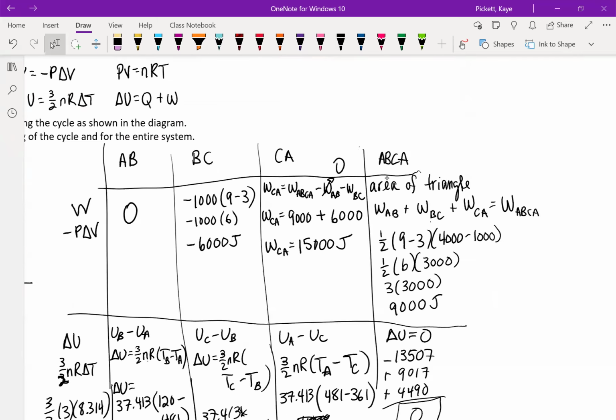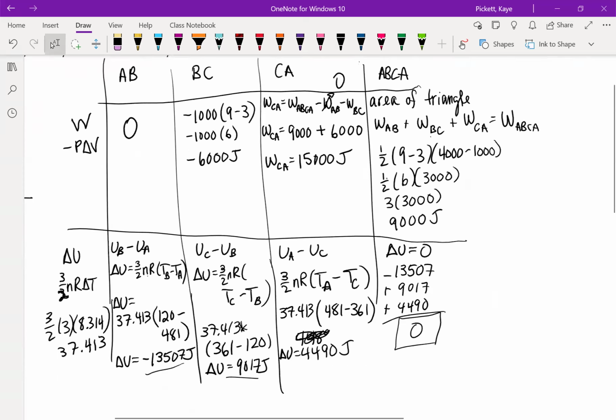Work was done on the system, and the change of internal energy was 0 on the system.